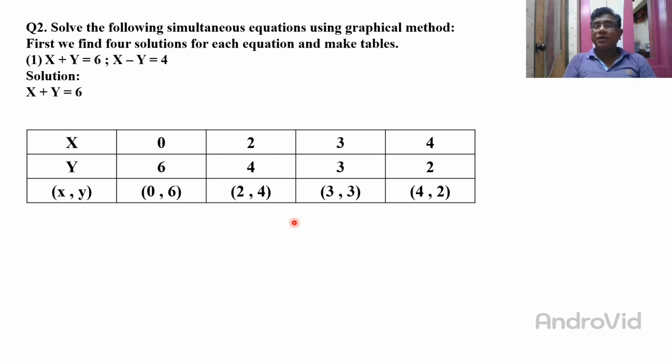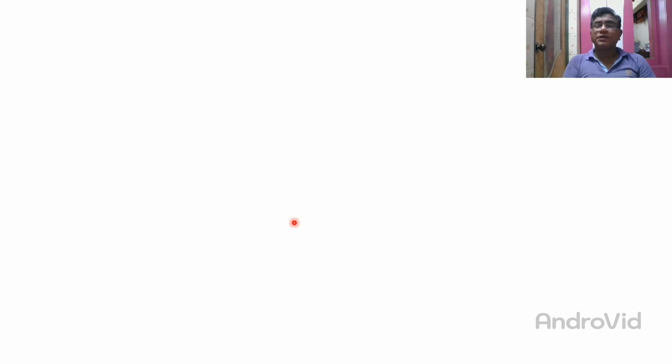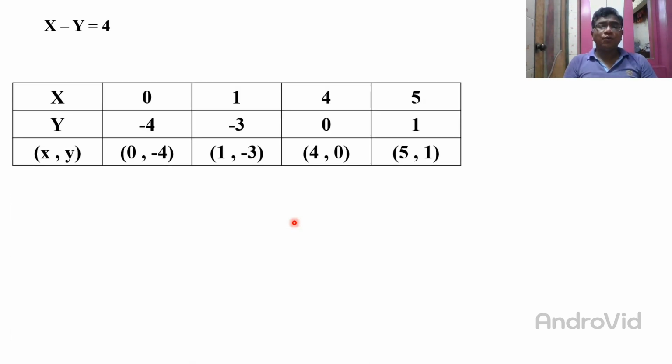Then another equation, which is x minus y is equal to 4. That table we take here. So here is x minus y is equal to 4. Here also you can take values by your mind. We take the value of x by our mind.